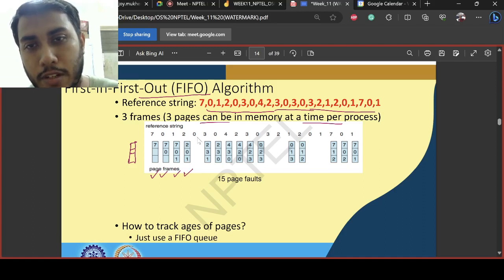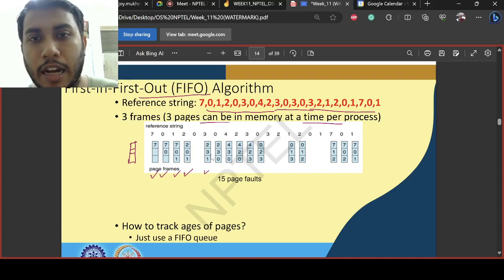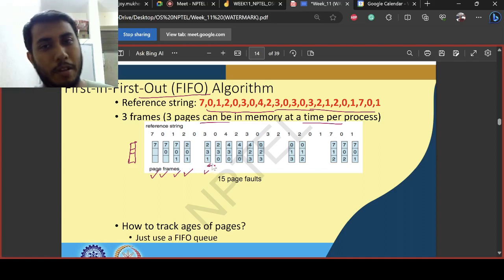Now 0 is requested. 0 is already present here, so that is not a problem. Now 3 is requested. The first one here in this case is 0 that gets evicted, so that is a page fault when 3 is requested. Now 0 is requested. See, this is the problem which I mentioned.